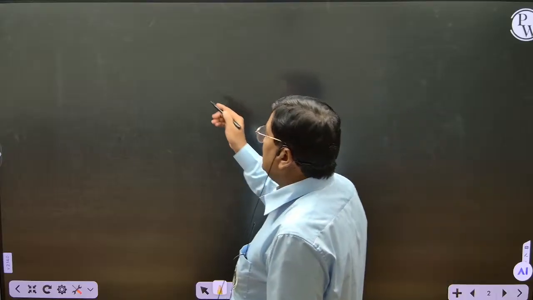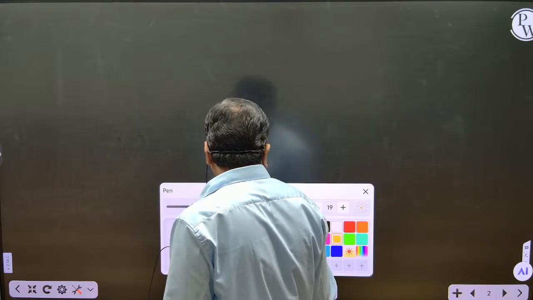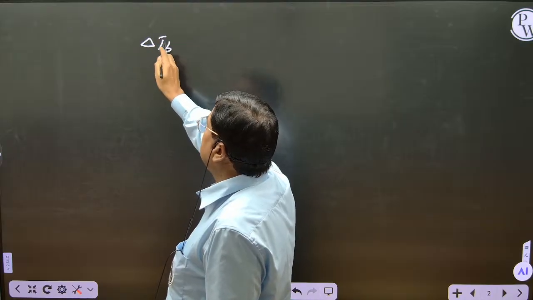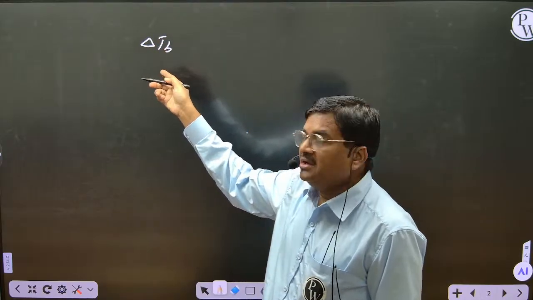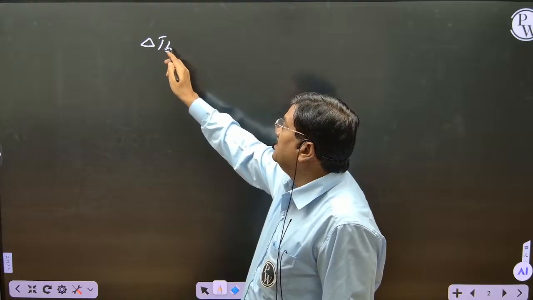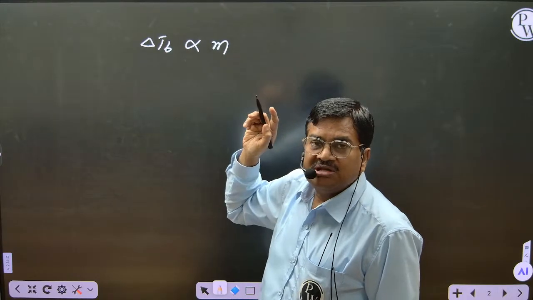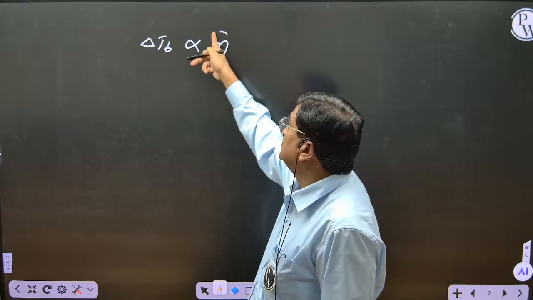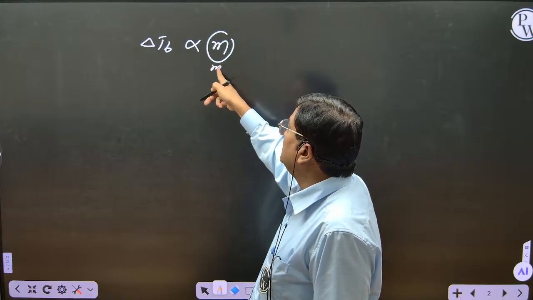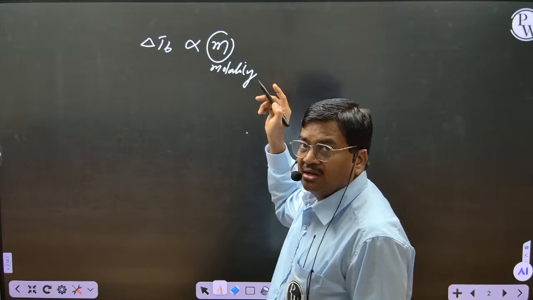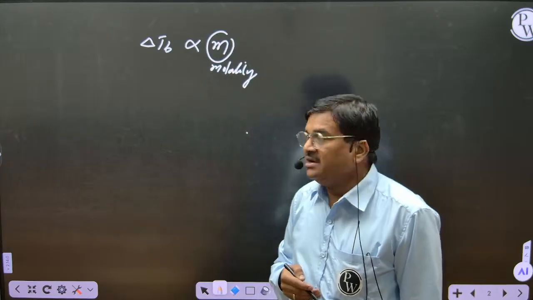Now see this elevation in boiling point, which we are writing as delta Tb. Now onwards, what is delta Tb? Elevation in boiling point. It will be directly proportional to molality. What is small m? Small m is molality, we learnt in the last class. Molality is the number of moles present in 1 kg of solvent.